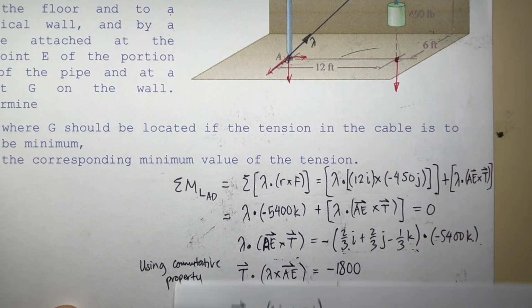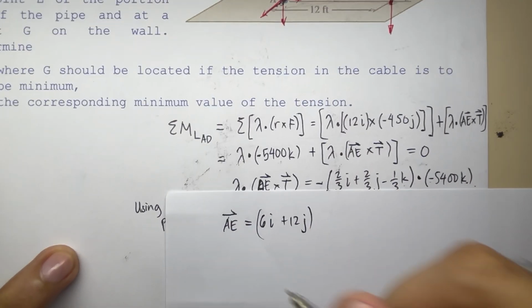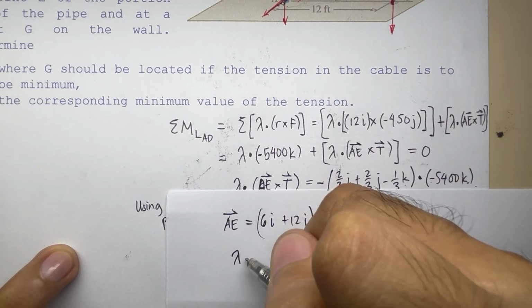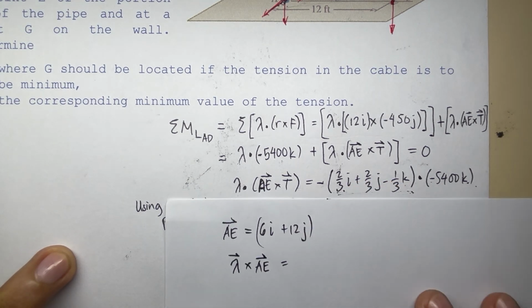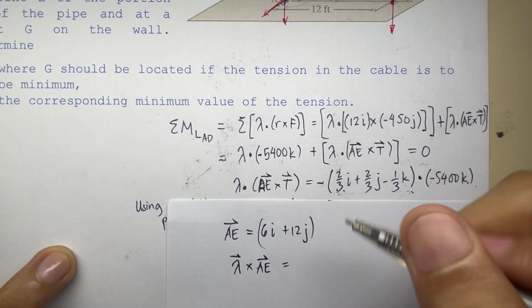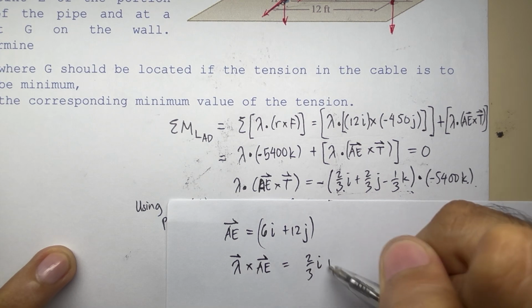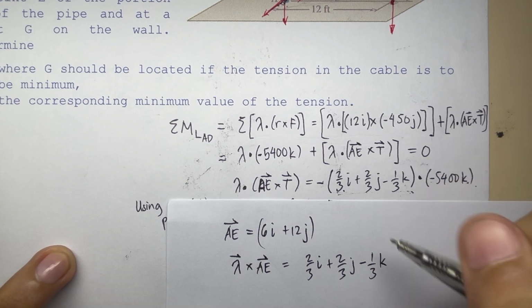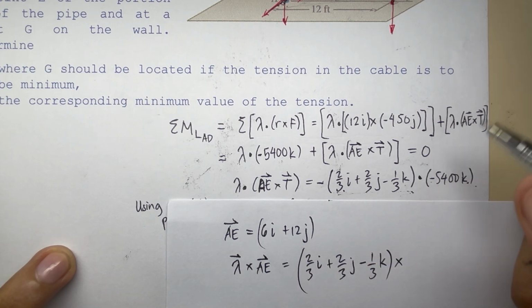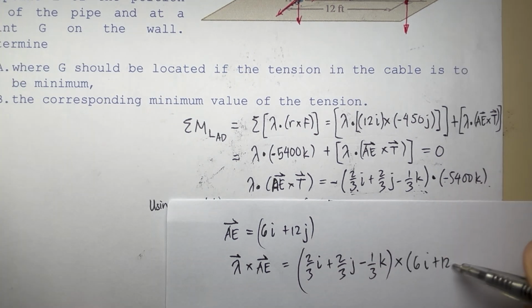So the expression lambda cross AE is equal to 2/3 I plus 2/3 J minus 1/3 K cross product with 6I plus 12J.